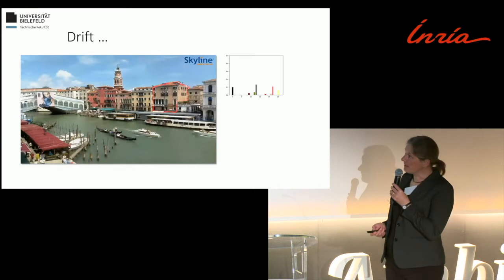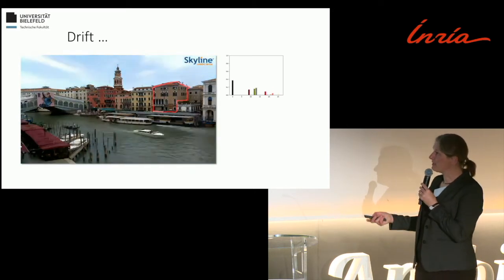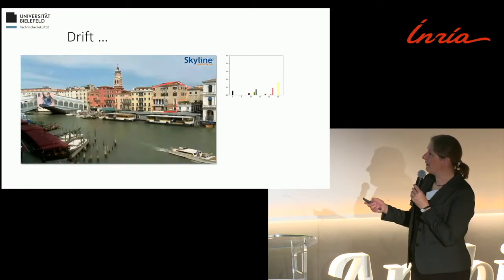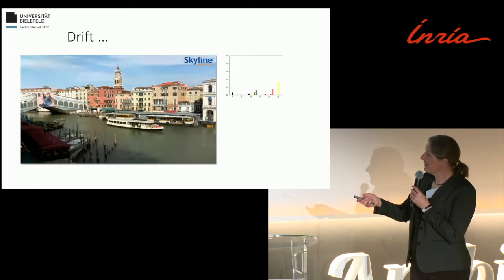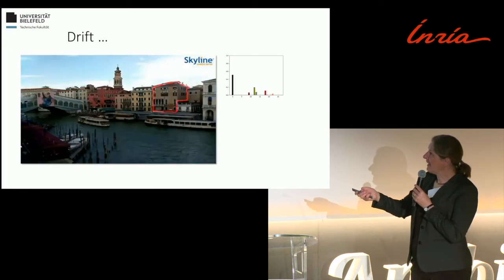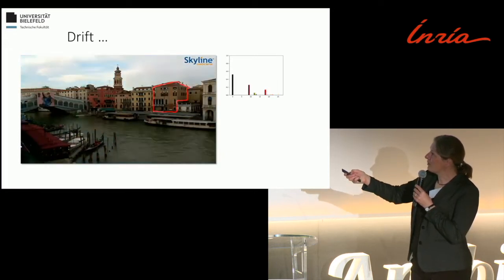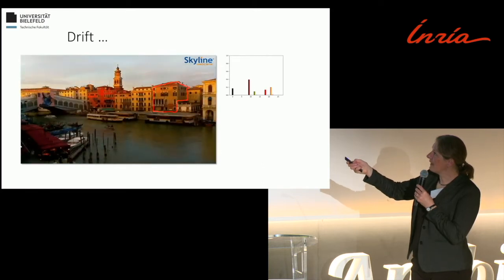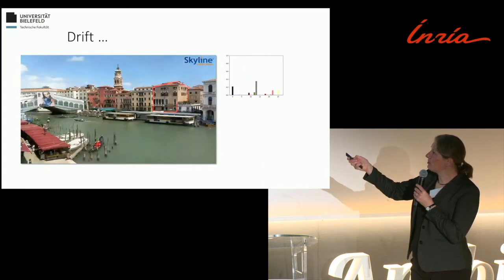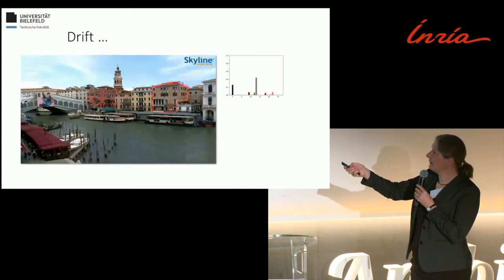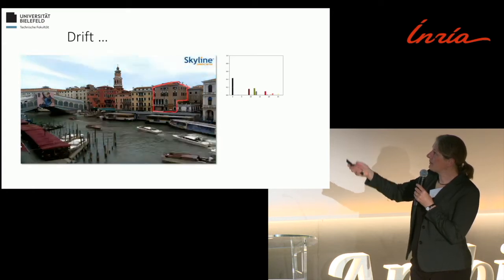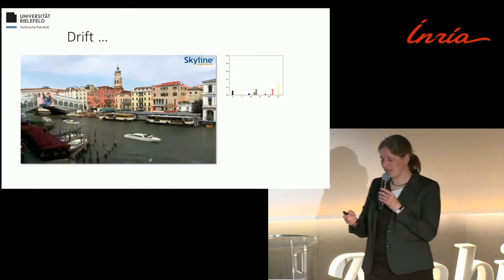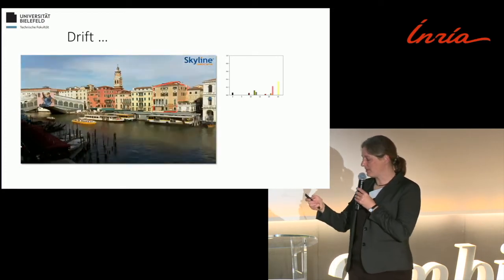And you see here an example from a real data set from vision domain. This is Venice. And the task is to, you see here on the right, from a small region, which is taken here, the color histogram. The task is to predict which palazzo this is.